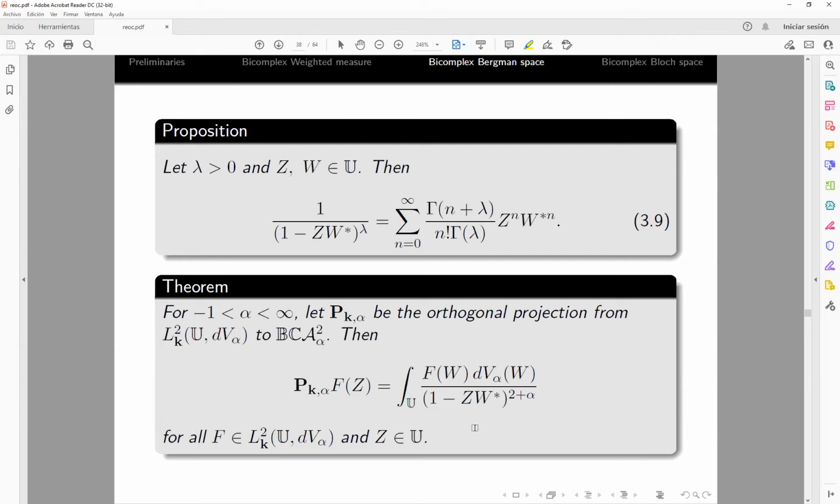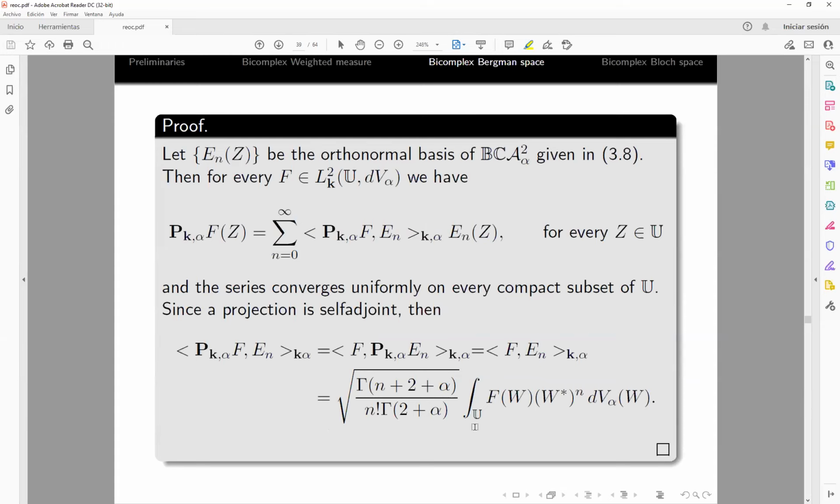The proof is quite standard because now we have an orthonormal basis of the complex Bergman space A2. Then we expand the projection. The projection belongs to the Bergman space, so we can expand it in power series.